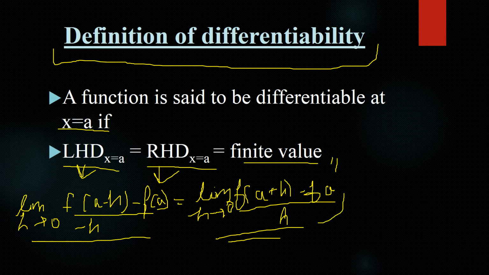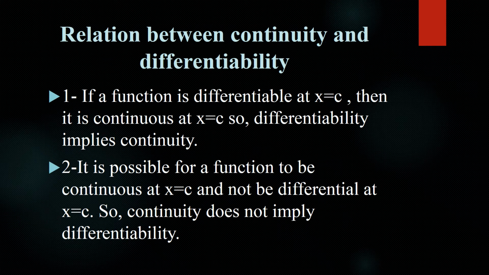This is the right hand derivative. So if these two terms, left hand derivative and right hand derivative, are equal to a finite value, then the given function is said to be differentiable.